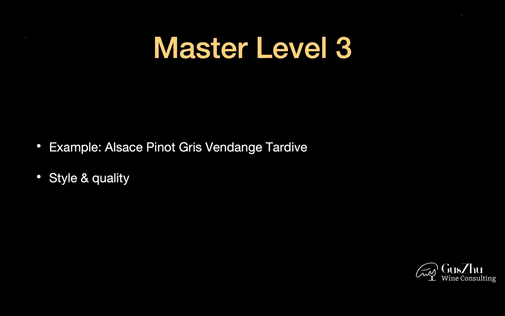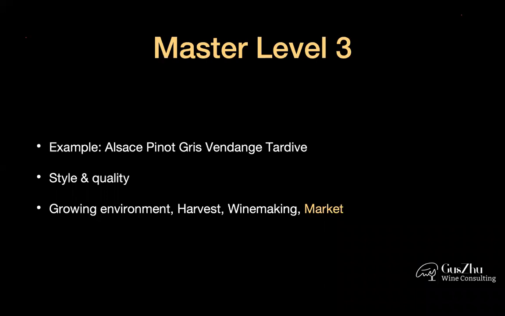Pretty high quality, right? You should already know the growing environment for this style of wine, how you harvest them, and how you execute the winemaking step by step. When you study Level 4, you should already have this knowledge.